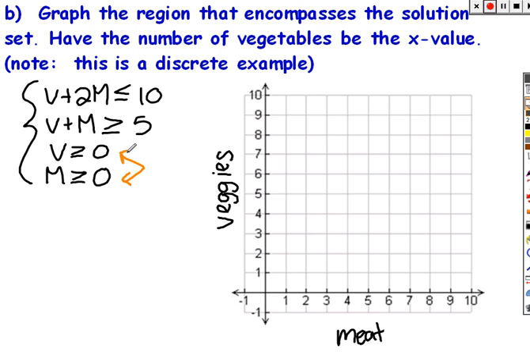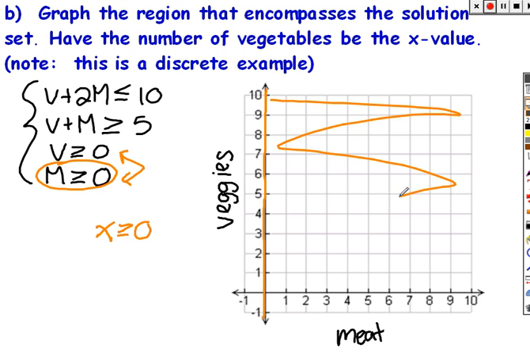So if meat's on the x-axis, this would almost be like saying x is greater than or equal to 0. If you were graphing that, here's the line x equals 0, and I would shade anywhere to the right. And then if v's the y, this would be like saying y is greater than or equal to 0.